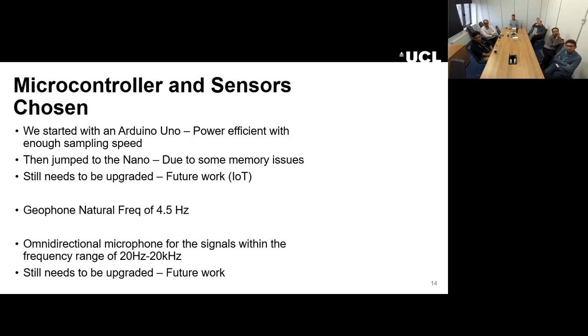And we are also using an omnidirectional microphone for the signal within the frequency range of 20 Hz to 20 kilohertz. But the microphone also still needs to be upgraded in the new one because we are using a cheap one that we got from DRS.